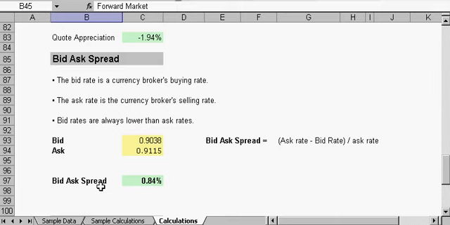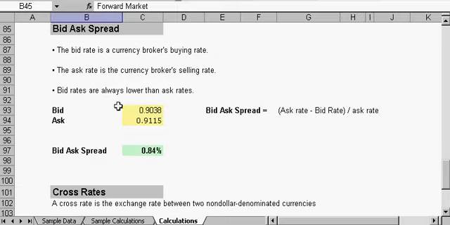The bid rate is a currency broker's buying rate. The ask rate is the currency broker's selling rate. Bid rates are always lower than the ask rates. So over here we have a bid-ask spread. It's a basic calculation. And that's the bid-ask spread.